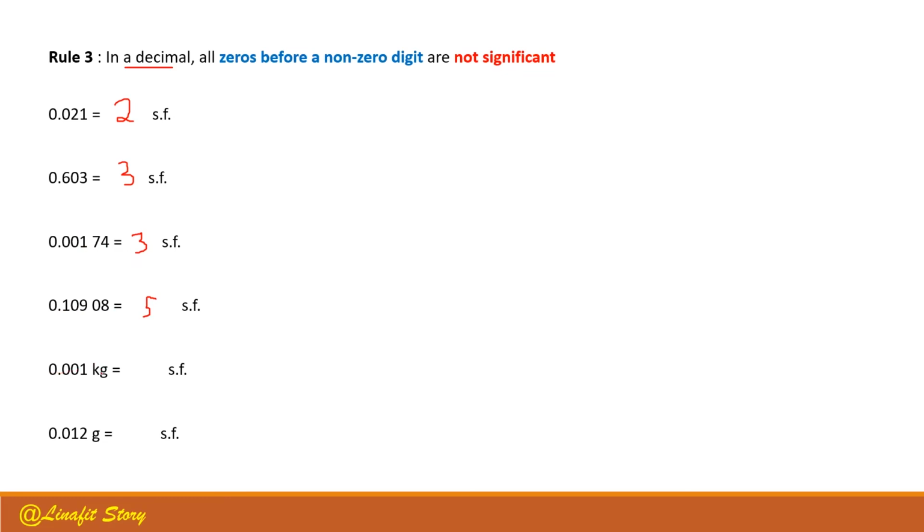It has only 1 significant figure. 0.012 grams has 2 significant figures.